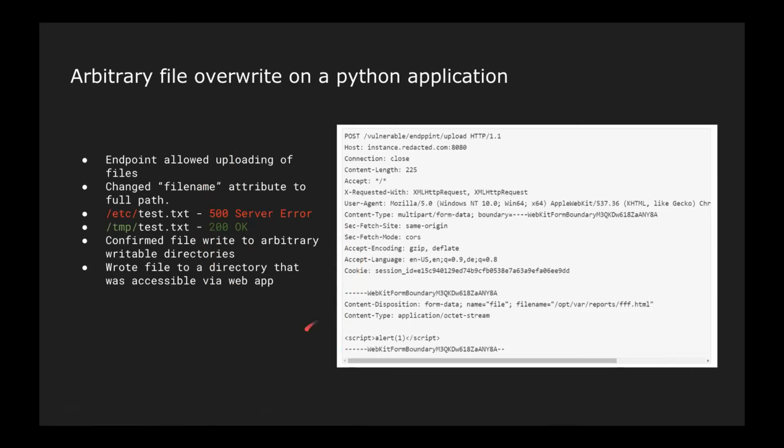Anything you add in /home/app/static will be served using that route, and that way I could confirm that I indeed have a file creation here. So I uploaded my file into /home/app/static, made a request to that route with that file name, and I was able to extract it. So we do have a file creation at an arbitrary location with an arbitrary extension.